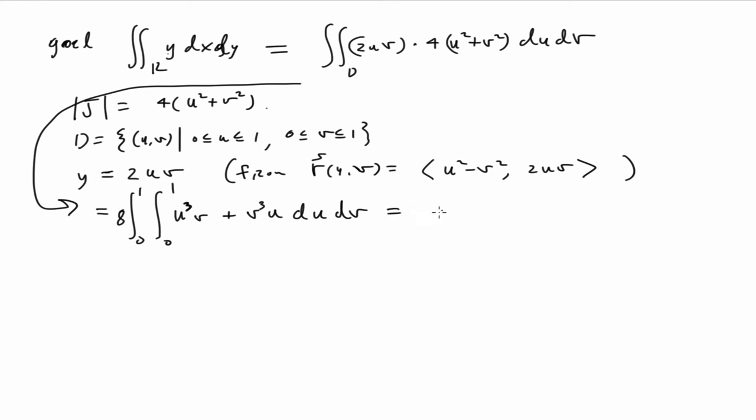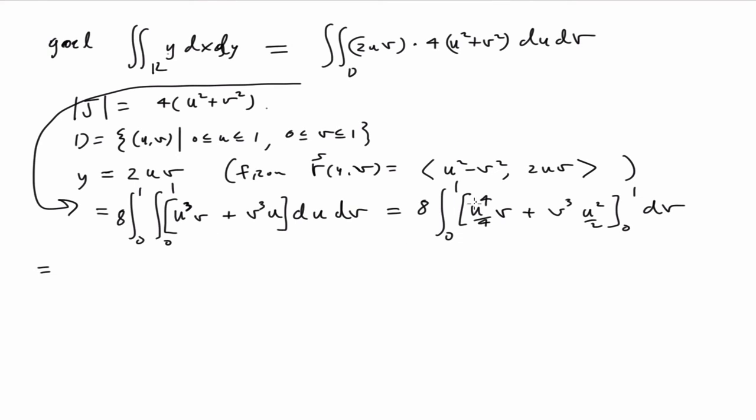Okay, so this should be straightforward enough. Let's do, and that's the integrand there. 8 times u to the fourth over 4 times v plus v to the third u squared over 2. We're going to evaluate that from 0 to 1, dv.